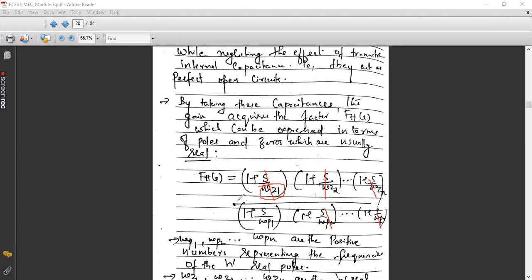So you will have 1 divided by 1 plus s by omega p1. Why? Because omega p1 is lying at the low frequency, whereas the remaining poles and zeros are lying at infinity or sufficiently far from the low frequency pole omega p1. In that situation, I can call omega p1 a dominant pole.